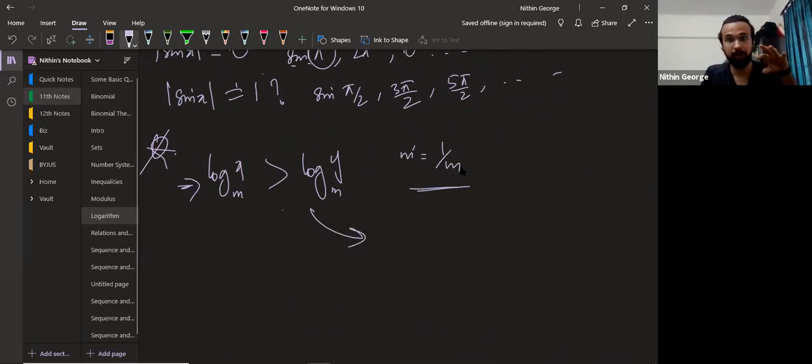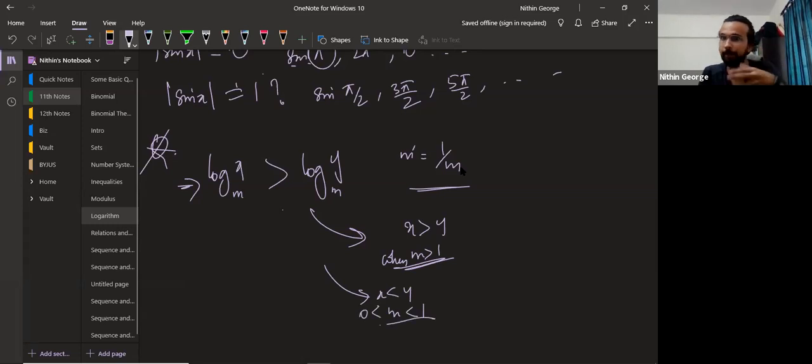I told you that x is greater than y when m is greater than 1. But the other case is the sign flips: x is less than y when m is between 0 and 1. So this is what we are trying to prove. Let m be greater than 1. From this only we'll try to prove the second case using m dash.